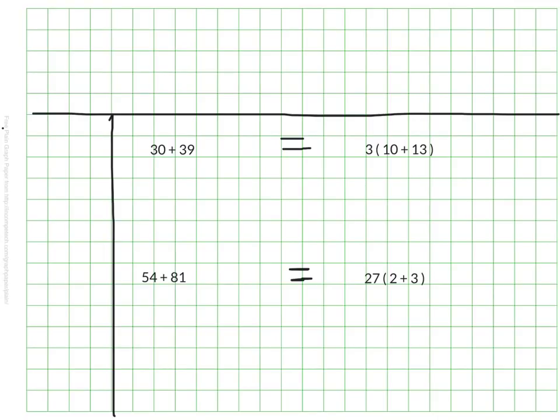How'd you do? That second one was a little bit tricky, right? The greatest common factor here of 54 and 81. I know a lot of people might have thought it was 9, but actually 27 was their greatest common factor. So be mindful of that. That was a tricky one. But hopefully you were able to see how you are able to rewrite number sentences using factoring.